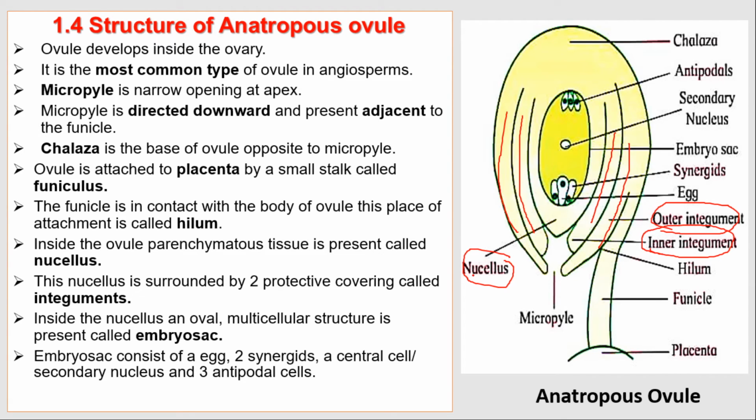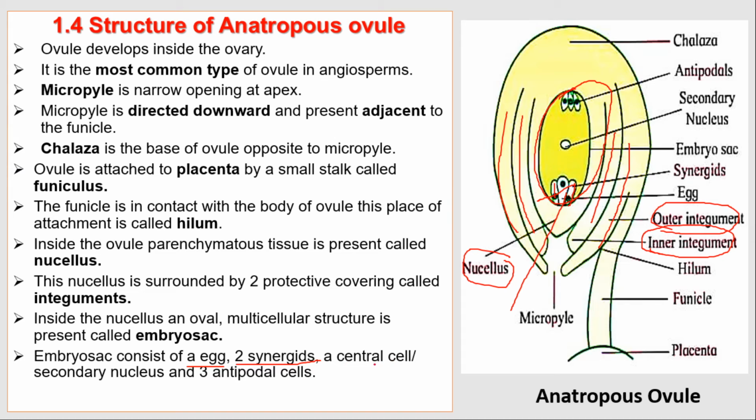Inside this nucellus, an oval structure is present. This oval structure is called the embryo sac. In this embryo sac, you will find an egg at the micropylar end, with two synergids lateral to this egg.